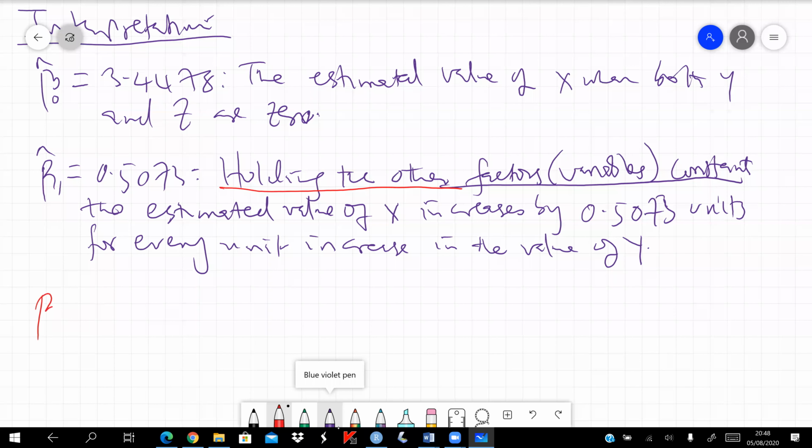So the value of beta 2 can be interpreted in the same way, minus 0.5348.